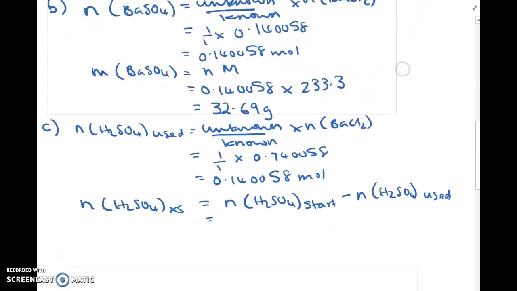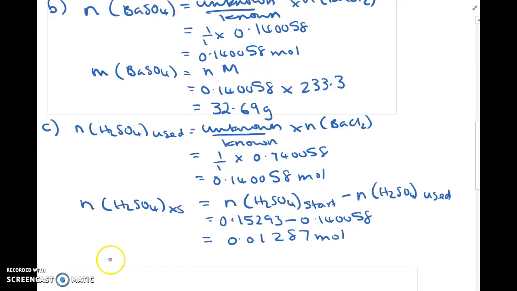So this will equal, how much did we have at the start? 0.15293 minus the 0.140058, and this comes out to 0.01287 moles. Now we can find the mass of the sulfuric acid.